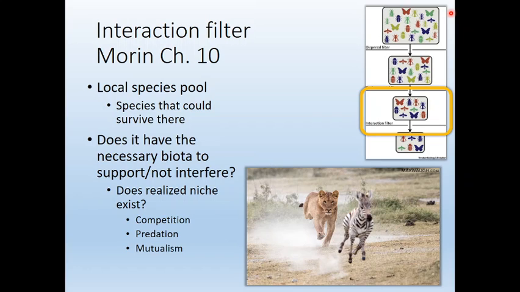But beyond that, does the habitat have the necessary biota to support it, or at least not interfere with it? Okay, and this is kind of thinking about the realized niche. Does a habitat have a realized niche? So lions can survive lots of places in Africa, right? But if there aren't any other big mammals there, they're not going to be able to survive. They're not going to have any food sources.